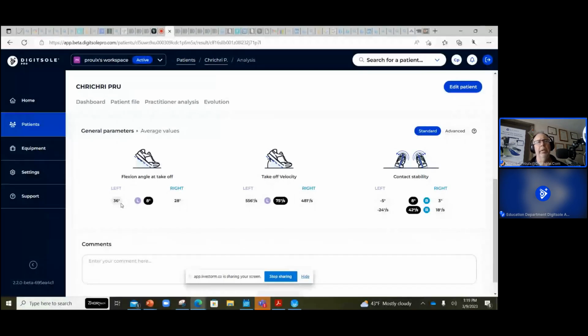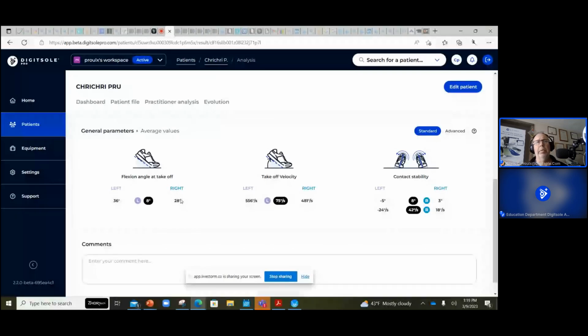It really is going to depend on whether or not they've had some good rehabilitation or have some really good strength to generate enough force. And what we see here is 36 degrees is actually pretty good. In fact, I would like to see the right side better than what it is.